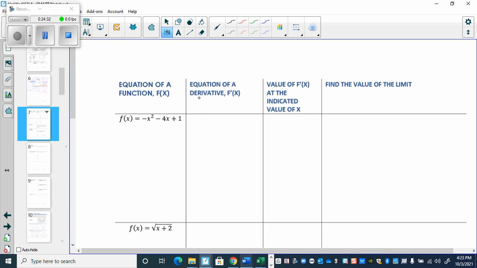Next, we are going to get the derivative of f prime of x. You could do this using that difference quotient, which was the plan.